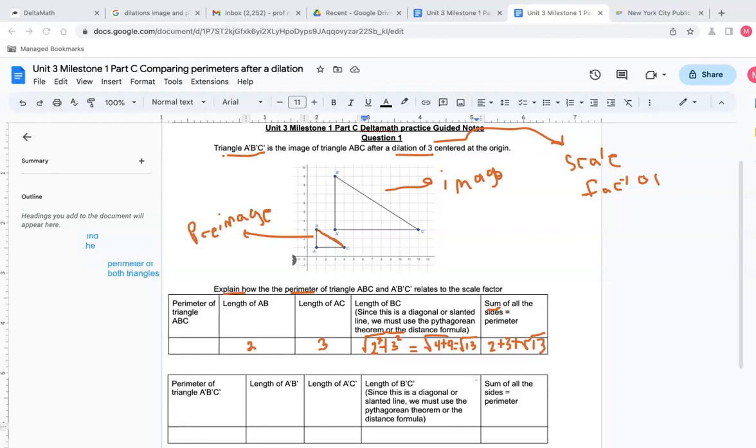All right, that's what we're doing here. And I'm going to use my calculator at this point and plug that in. So I'm going to do 2 plus 3, and plus the square root of 13. You should take a moment and do the same thing. And we're going to get approximately 8.60.